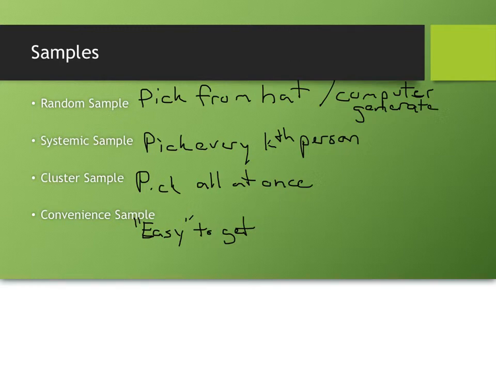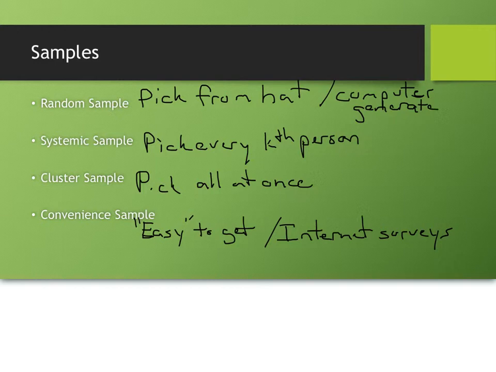One example of a convenience sample is internet surveys. If you go on a website, maybe a news website, they may have a poll: do you approve or disapprove of the president?